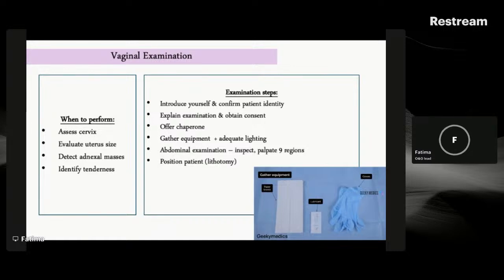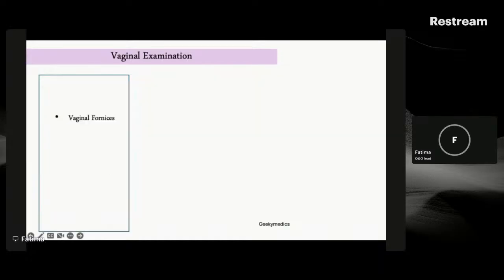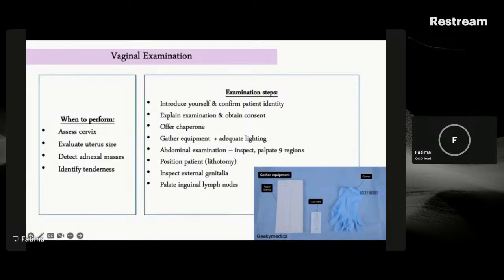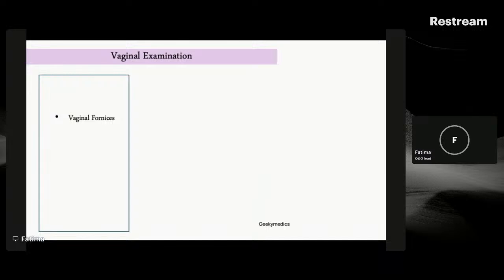cervical speculum exam. Then you're inspecting the external genitalia, you're inspecting the vulva, and again, you're looking out for the same things that you looked out on when you were doing the speculum. And then you palpate the inguinal lymph nodes, again for the same reasons as we mentioned previously. And that would be, when you're inspecting, you're looking for ulcers, abnormal discharge, scarring, vulvovaginal atrophy, and FGM.